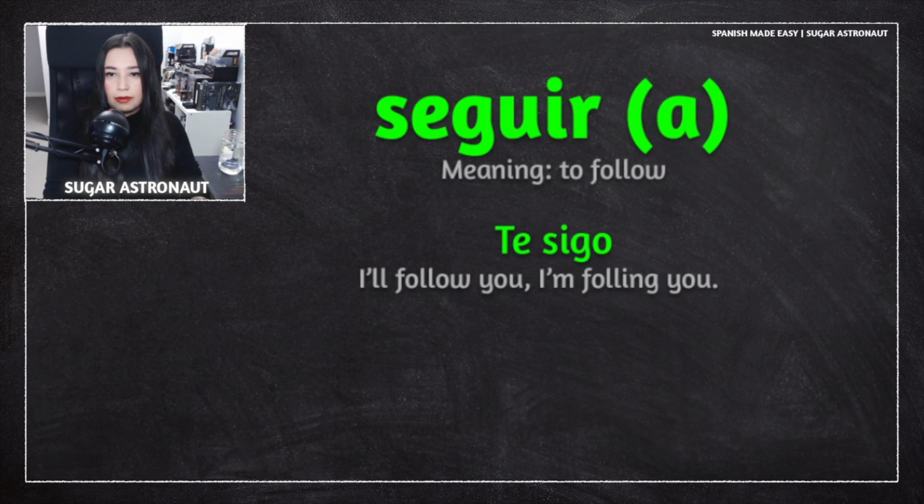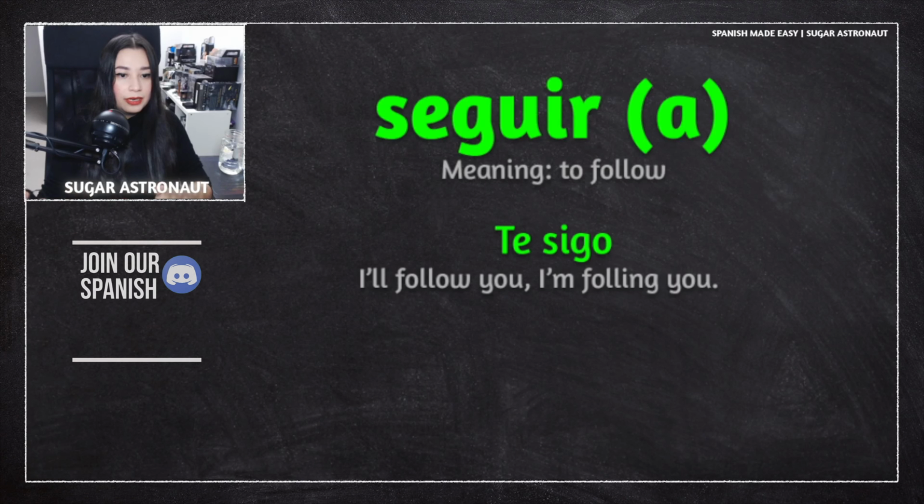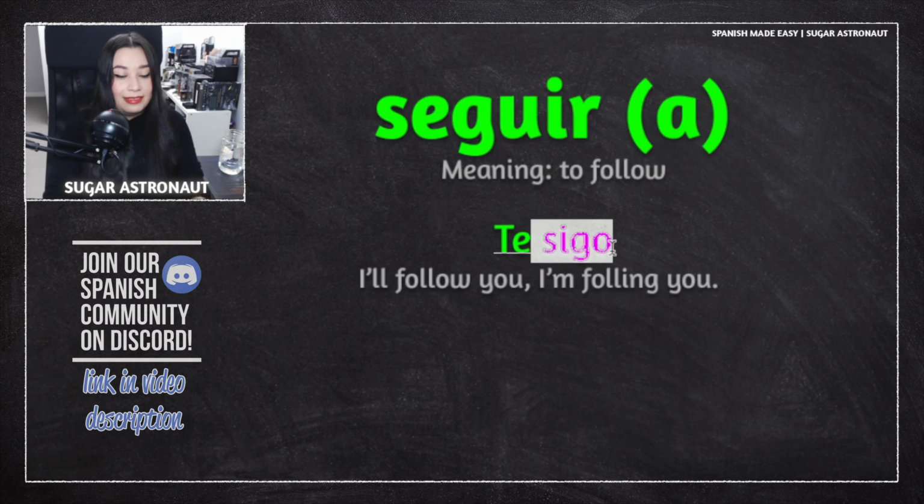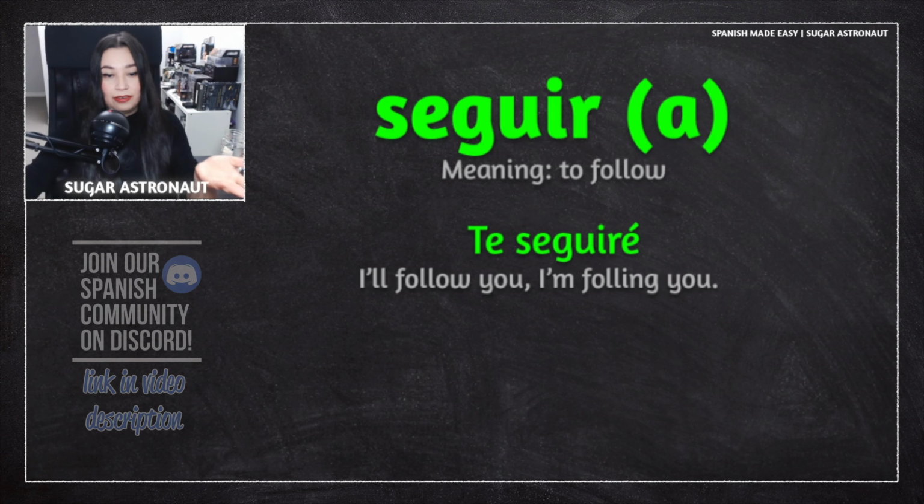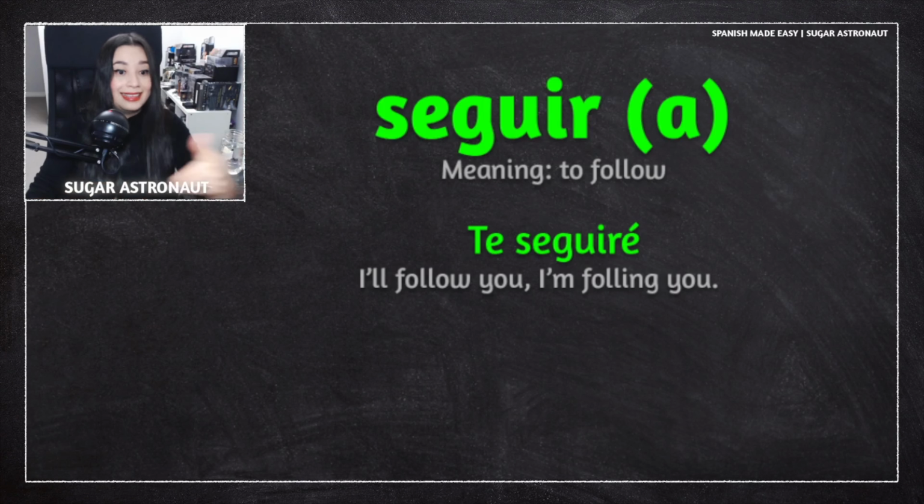Sometimes, in English you have future tense, and in Spanish, when you want to say I'll follow you, technically you will say te seguiré. That's the future tense, te seguiré.